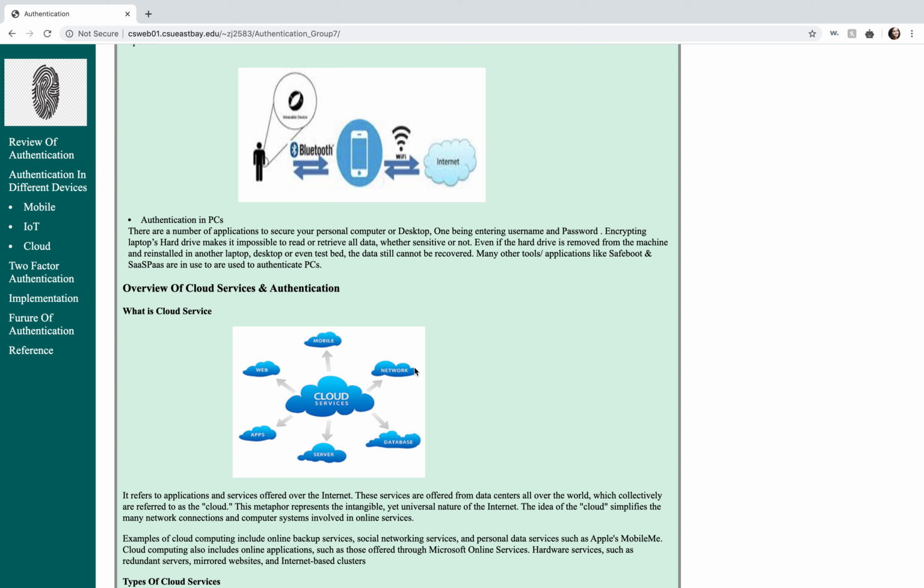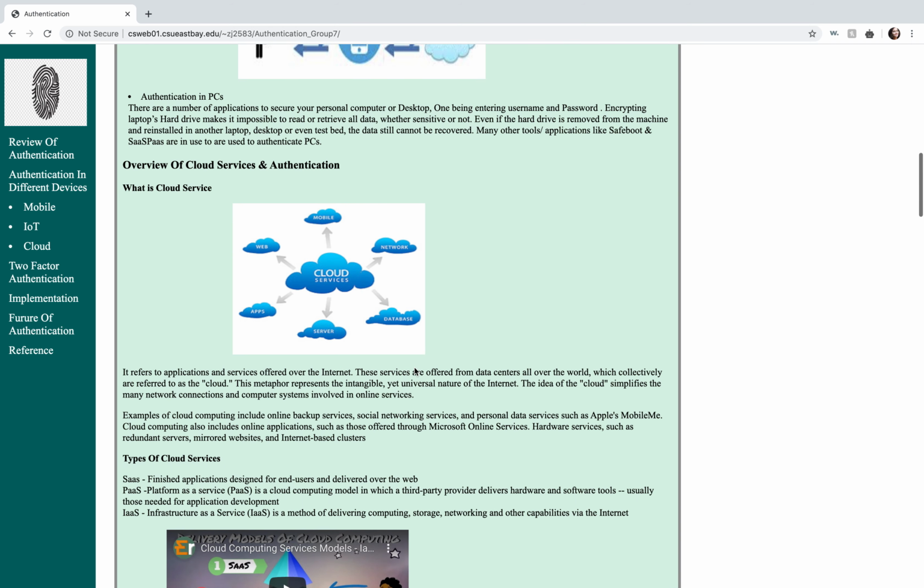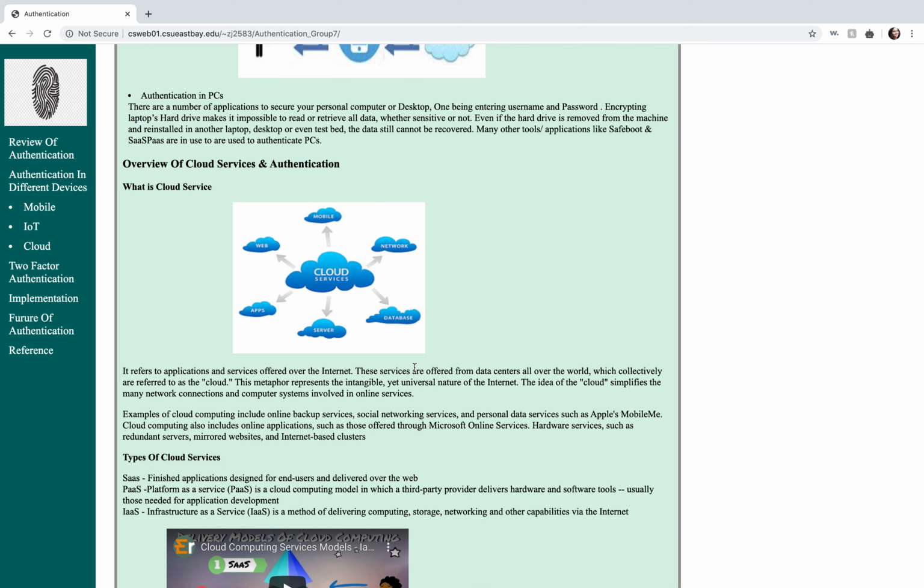Normal authentication mainly uses a PIN, passcode, fingerprint, or graphical passcode. The hard drive of the computer is also strongly encrypted for security purposes.